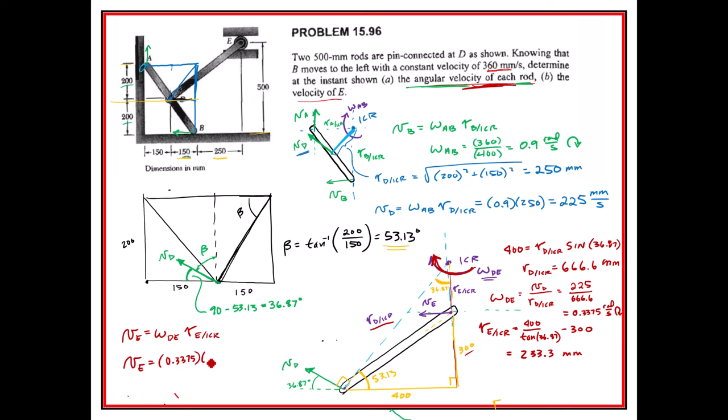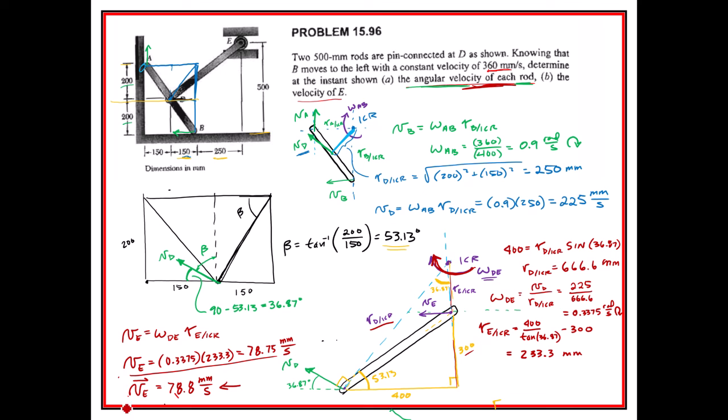So I was able to find VE is equal to 0.3375 times 233.3, and we end up with 78.75 millimeters per second. We did ask for velocity, so we really should answer with 78.8 millimeters per second and with an arrow.